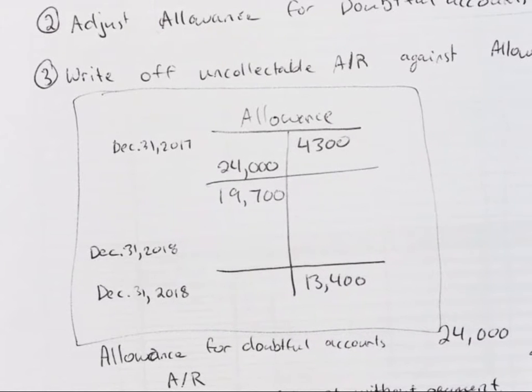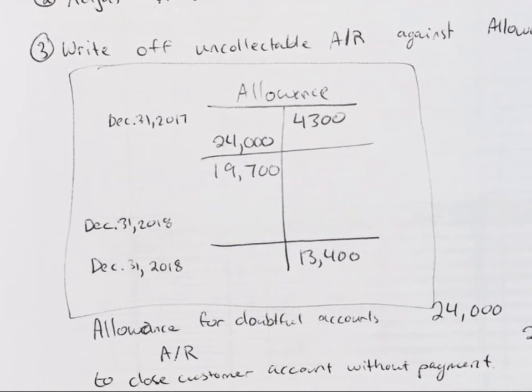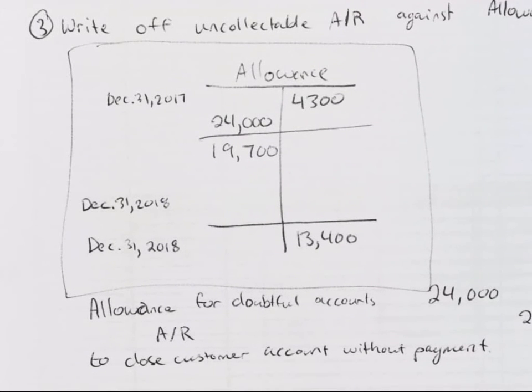So did we estimate the right amount of bad debt write-off last year? No. How did we undershoot it? We underestimated it by about 20 grand. So now in this year, what do we need to do? We need to make up for that underestimate. So what will our bad debt expense be? How much are we going to credit our bad debt allowance?